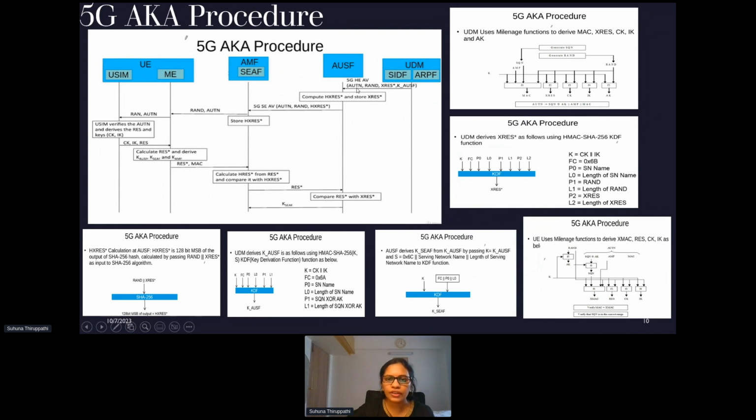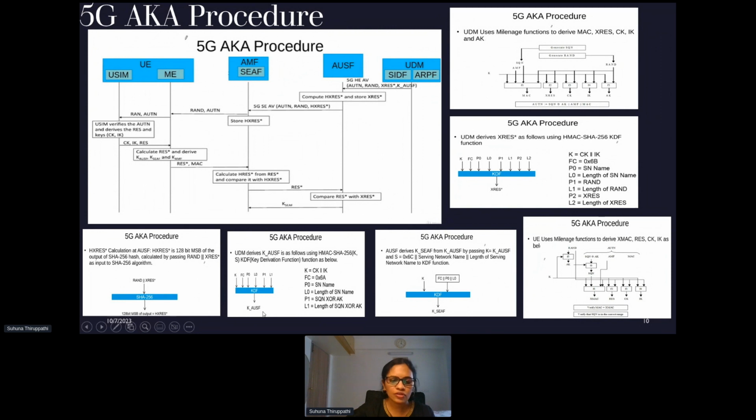So we know the authentication token, we know the XRES, and the random number is just sent along. Now we will take a look at how the KAUSF key is generated. The UDM derives the KAUSF key by taking as input the CK and IK, the ciphering key and integrity key, then a fixed number, P0 being the serving network name and the length of the serving network name, and P1 being SQN XOR AK and the length of SQN XOR AK.